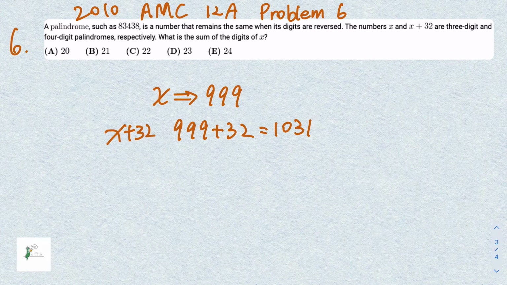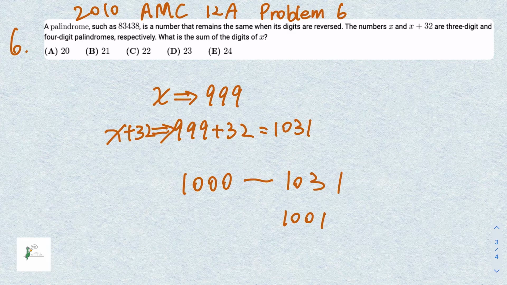But that's not a palindrome, right? So what's a palindrome between 1000, the smallest 4-digit number, and 1031? Well, it can only be 1001, right? There's only one palindrome between these two numbers. And that's how we find x plus 32.